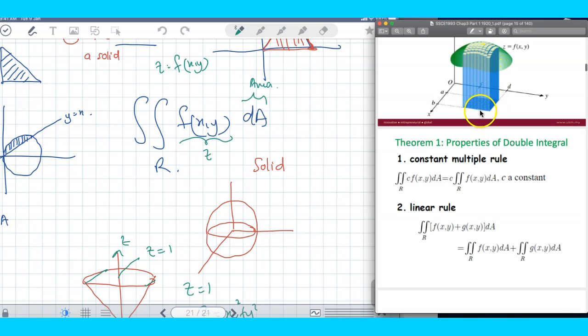Imagine you have a cuboid: the length, the width and the height. The height here is considered as z, the height of the parallelepiped. So if we go back to the formula of volume, you multiply the length, the width and the height, and that gives you the volume.